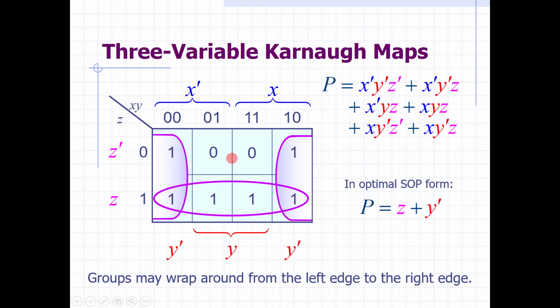And in POS, you do the opposite. So when z is a 0, that means it's positive. Check that out. And when y is a 1, that means it's negative, and you add the two things together. So it's the same whether we solve this as SOP or POS in this example.